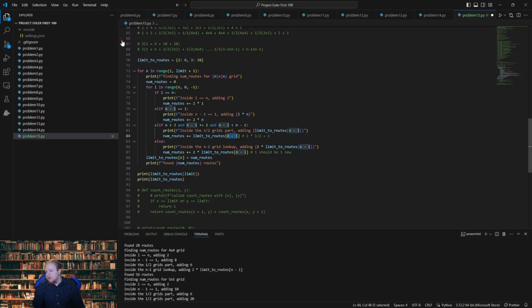And then the next time in, like if for the 5, we would want to look at limit to roots of 4. Could it be as simple as n minus I plus 1? Let's see how that goes.